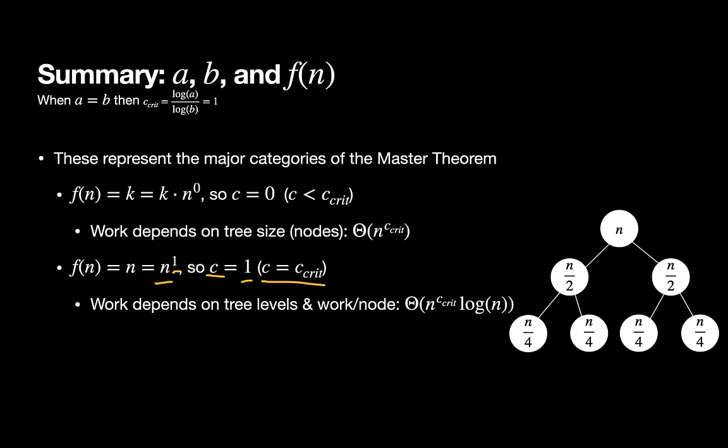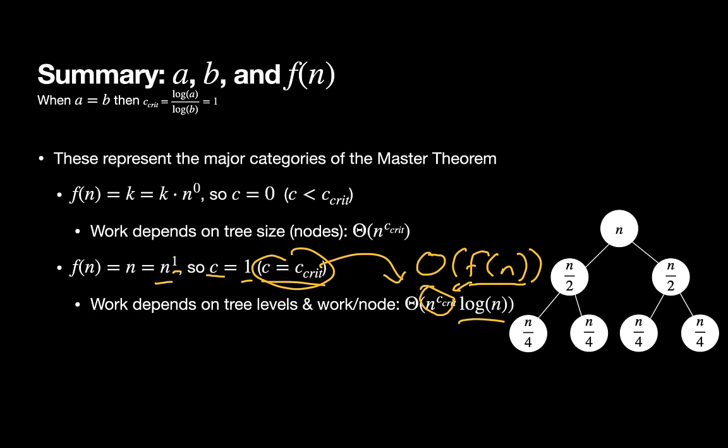Again, that's basically the number of nodes times log n. But remember this, because this equivalence is also essentially the complexity of O of f of n. So basically this is saying that it's essentially f of n times the overall height of our tree, which is what we saw with our specific example.